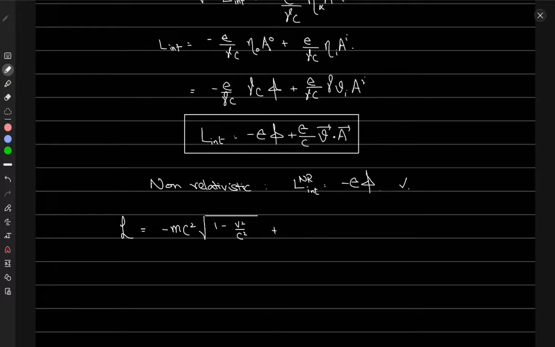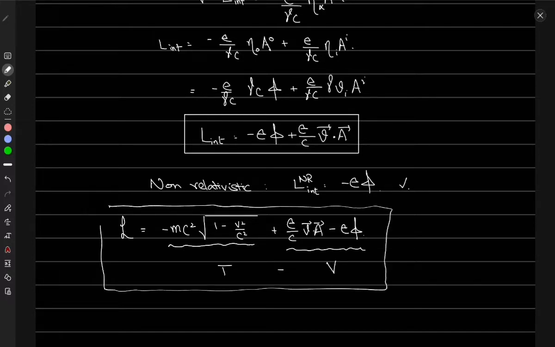But then you found out this interaction term, and this interaction term can be written as e over c v dot A minus e phi, right? So this is your kinetic term, and this is your interaction term. Something like that. All right, so this is now the total Lagrangian for an electron in an electromagnetic field.